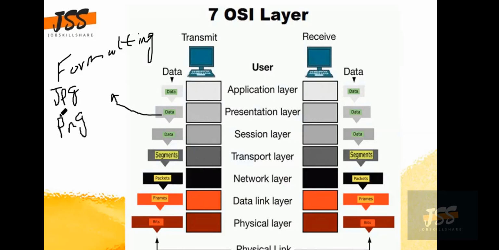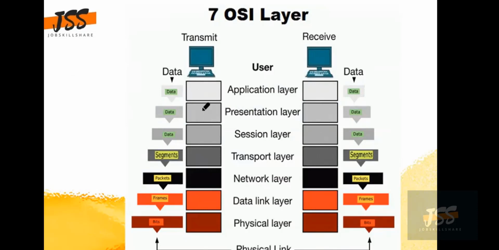So all these kinds of formatting are going to happen on the presentation layer. This is also known as encoding. Encoding, formatting, everything is going to happen on your presentation layer. Then this is the 7th layer, this is the 6th, and the 5th one is the session layer.